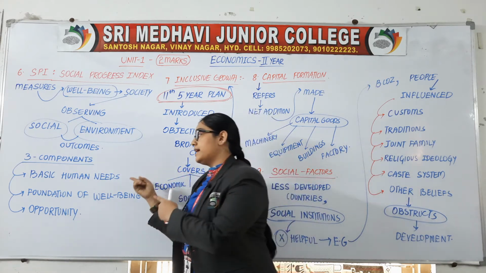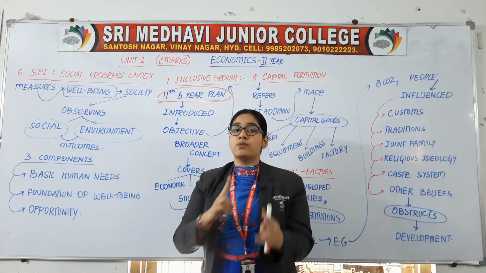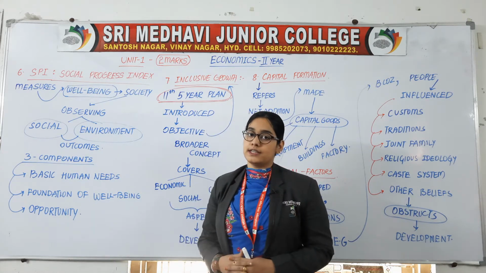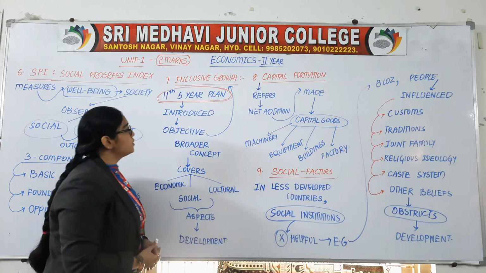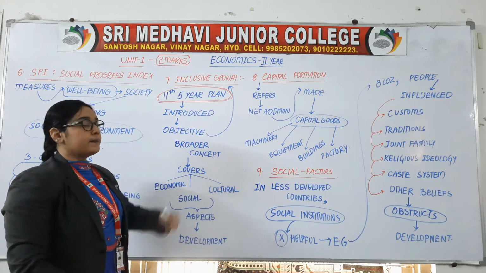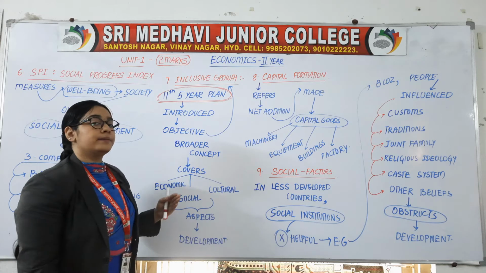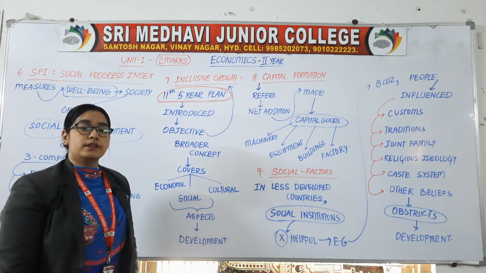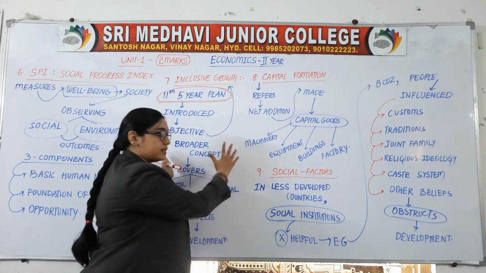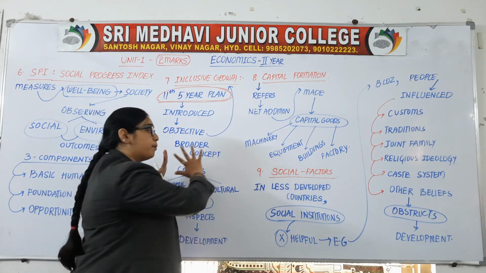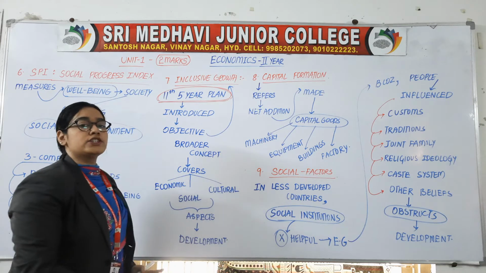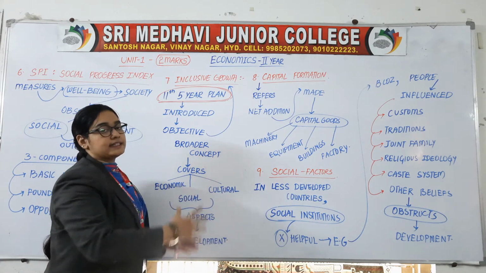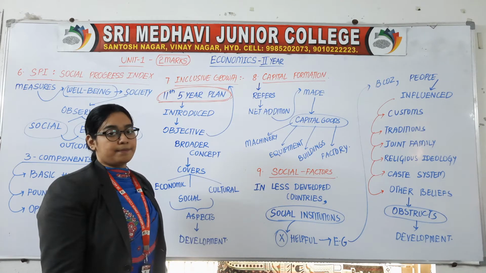First one, basic human needs. Second one, foundation of well-being. Third one, opportunity. Coming to 7th definition, inclusive growth. The 11th 5-year plan have introduced the objective of inclusive growth. It is a broader concept which covers economic, social and cultural aspects of development.